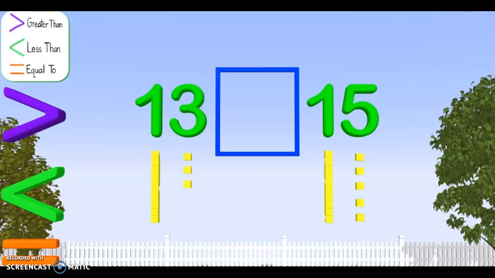We will use the less than symbol. Amazing! 13 is less than 15. And we can easily see that with the ones.